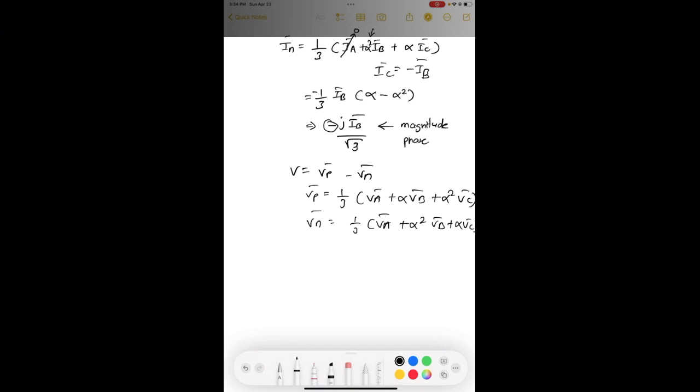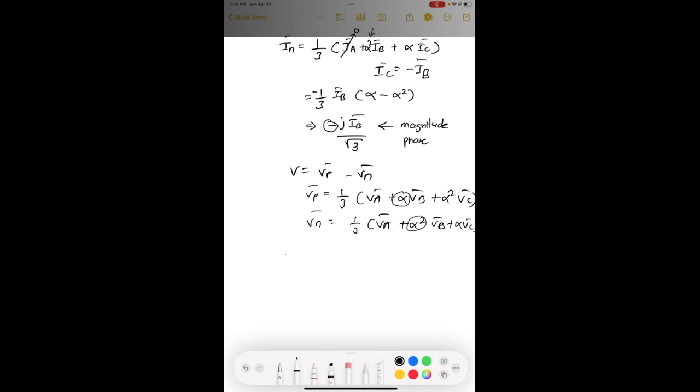It's the same as the current. Here the sequence is also the same, where alpha is with the positive sequence component of voltage, and the negative sequence, alpha square, is with the VB bar.